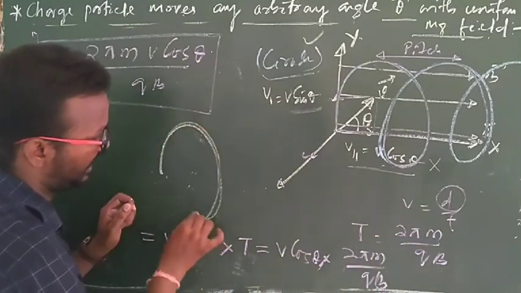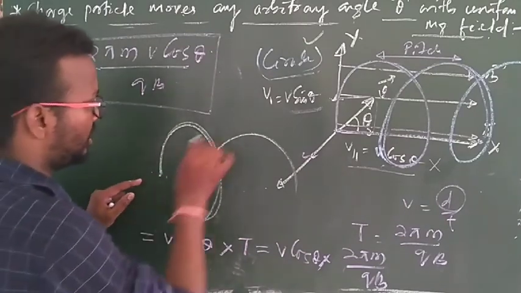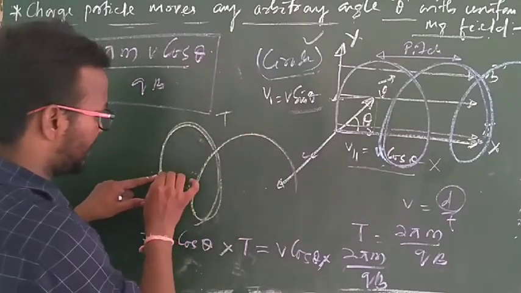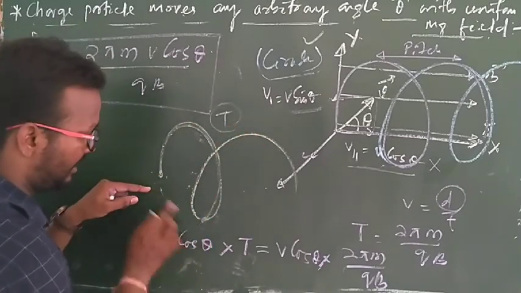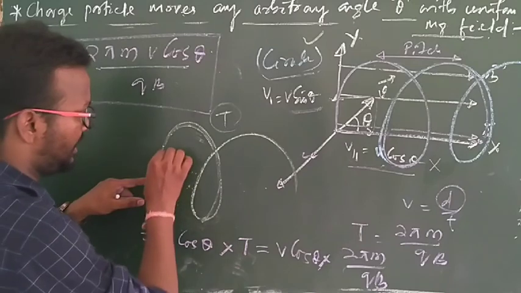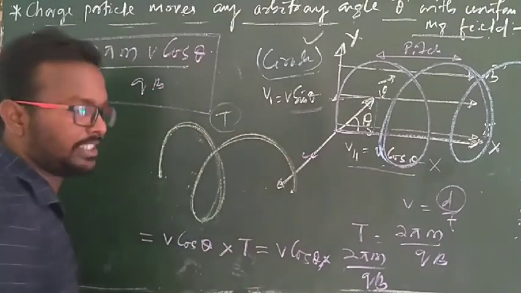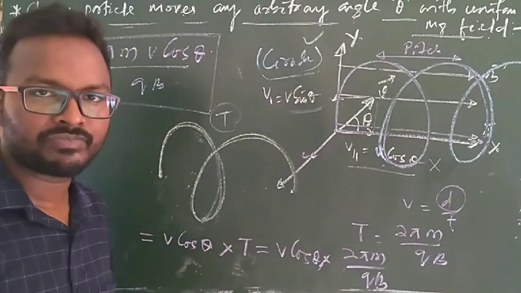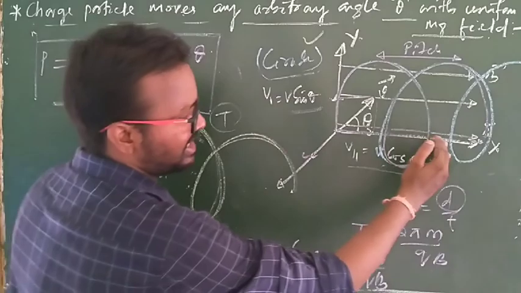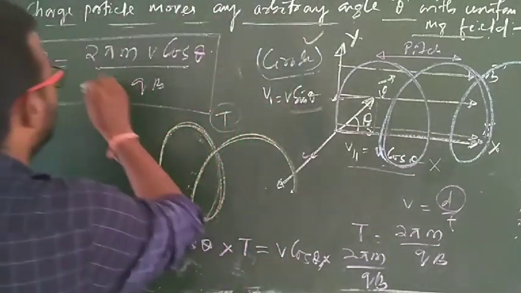The particle will be like this. Clear? If we take the time T to complete this circle, and along with this line the same total time, then this can be written as pitch. That means for one time period, the linear distance traveled by the charged particle is known as pitch.